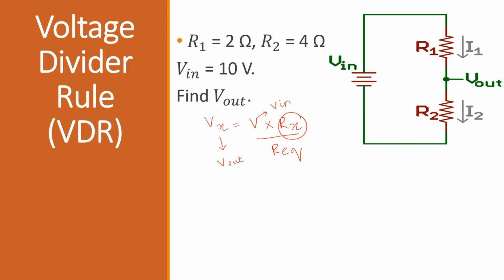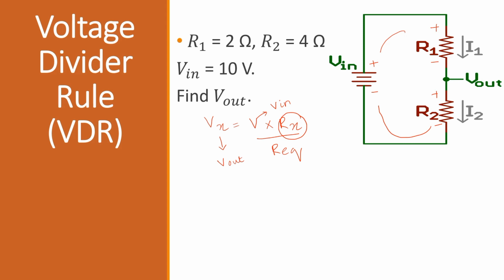We know that this terminal of Vin is positive and this terminal is negative. So this terminal of R1 will be positive because it is connected to the positive terminal of Vin, and this terminal of R1 will be negative. Similarly, this terminal of R2 is connected to the negative terminal of Vin. So this terminal will be negative and this terminal will be positive.